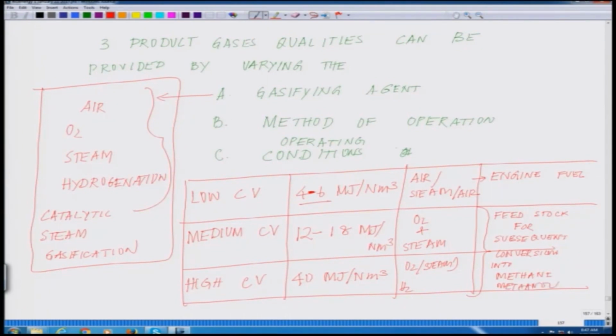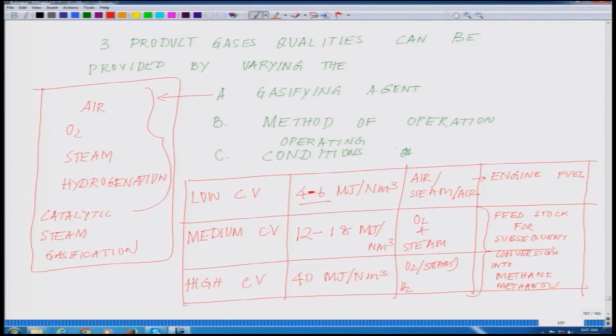Okay. So, now the question arises: why is such a low calorific value obtained when we are using air or steam slash air?